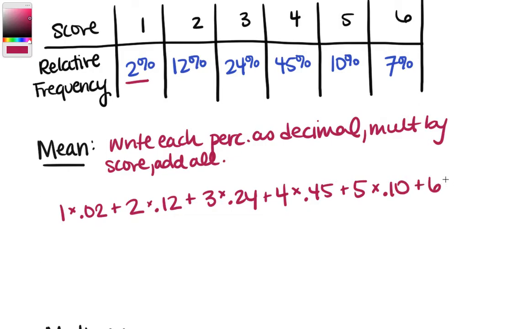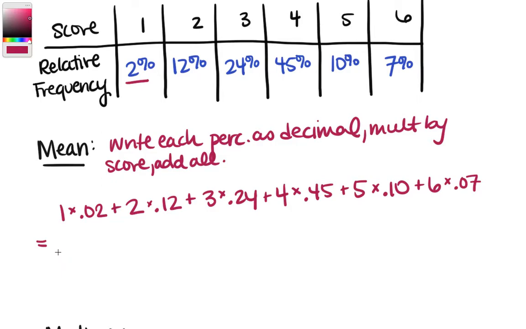And 6 was 7%, so we multiply by 0.07. All right, and we can go ahead and do the intermediate step where we multiply these out. You can go ahead and pause the video and work the rest out on your own if you like.